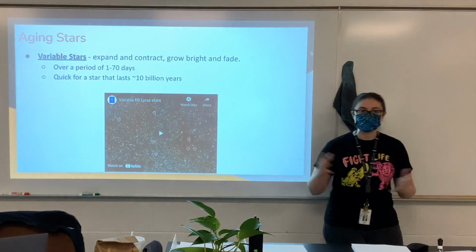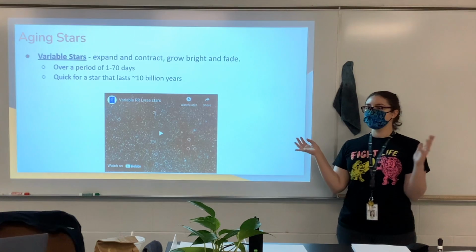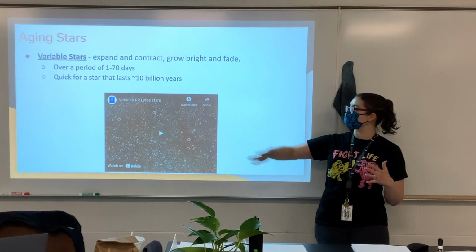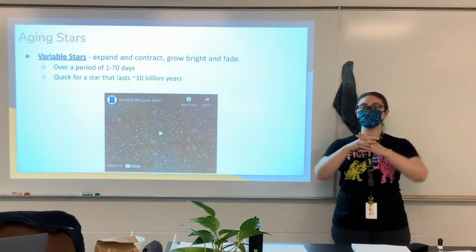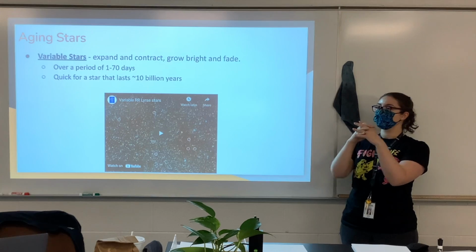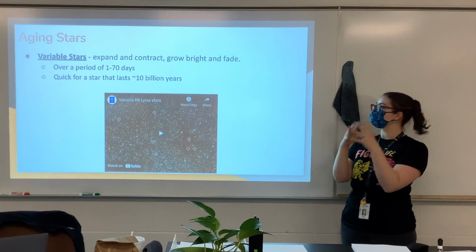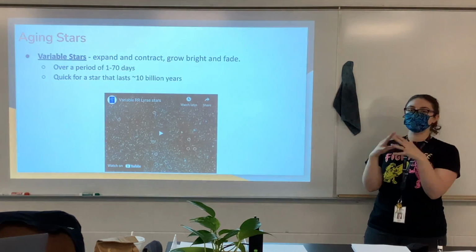And part of this process of becoming a red giant is cyclical. And so that's where variable stars come into play. As part of this aging process, the star will expand for a while, and then it'll contract again. And then it'll expand again, and it'll contract. And it can do this over a period of days.